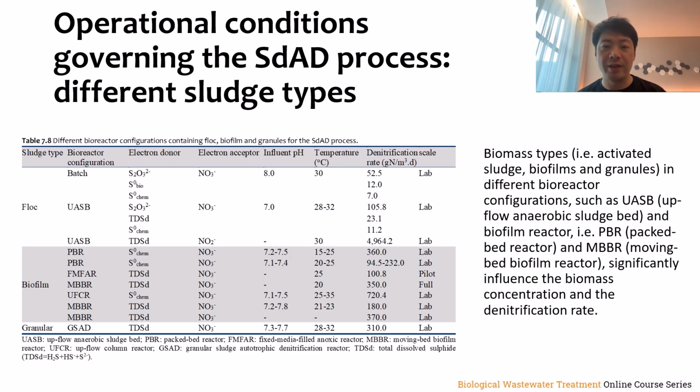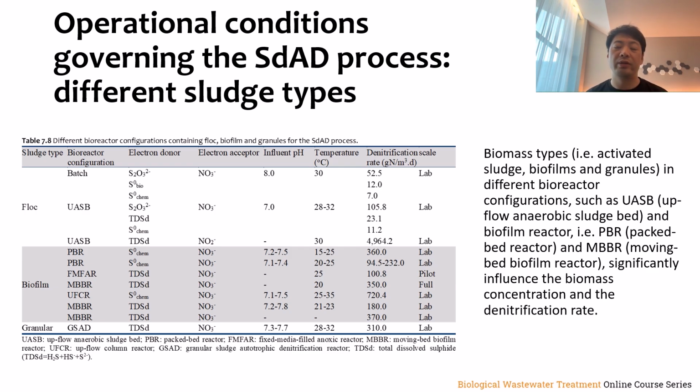Packed bed reactor is particularly suitable for nitrate removal at a low concentration, since a long retention time, for example, larger than 3 hours, is required for complete denitrification. While moving bed biofilm reactor is suitable for maintaining high biomass content of slow-growing SOB, even under severe nitrate limitation conditions, the MBBR can still achieve complete nitrate removal with a high resilience.